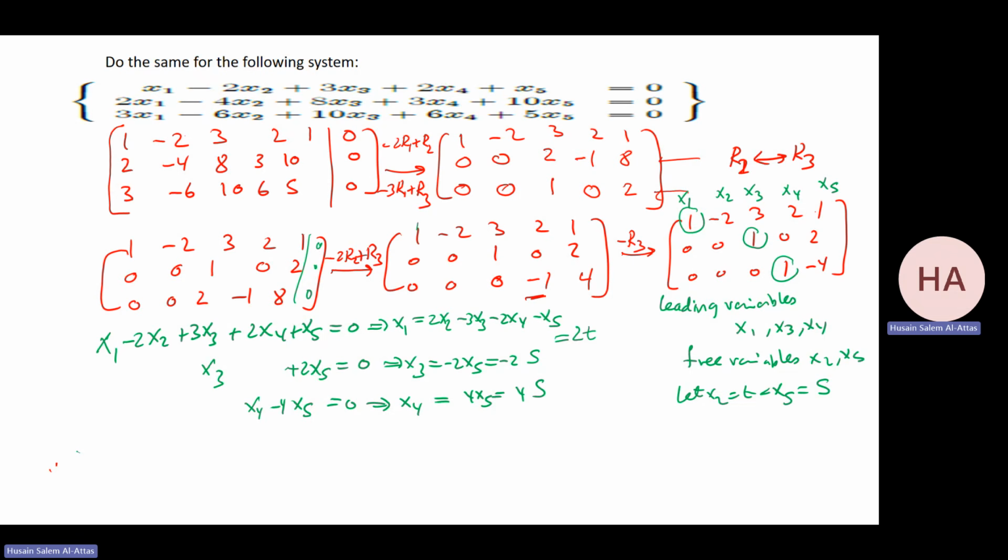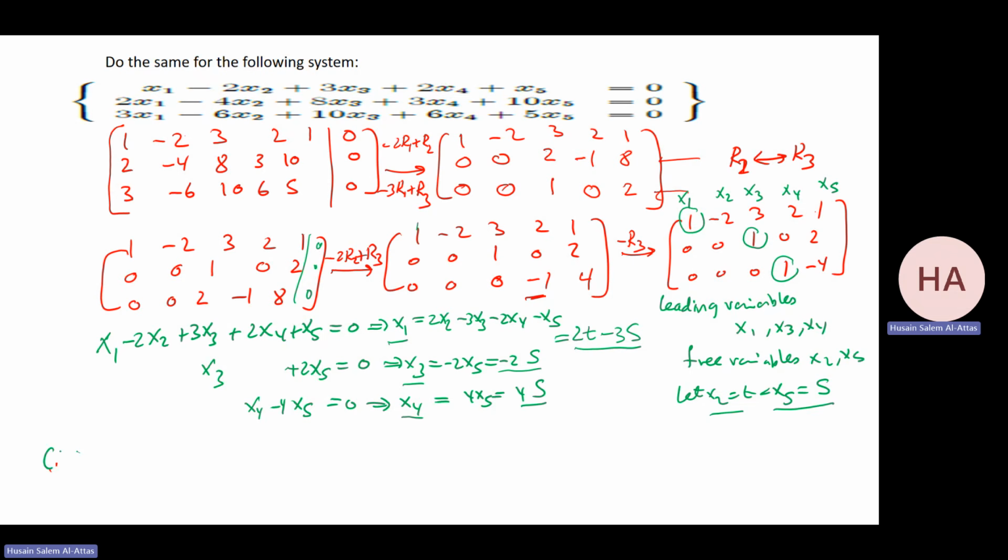I have minus 3x3 times minus 2, that will be 6s. 6s minus 8s minus s, so it will be minus 3s. Now, this is x1, x3, x4, and this is x2, this is x5.